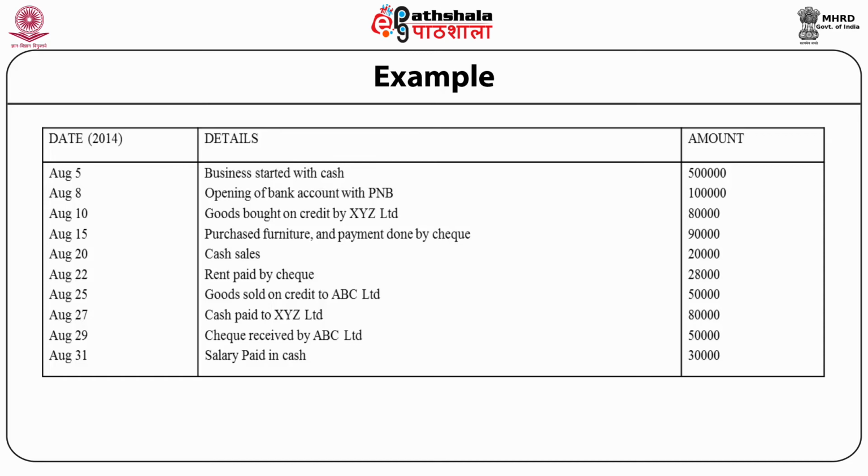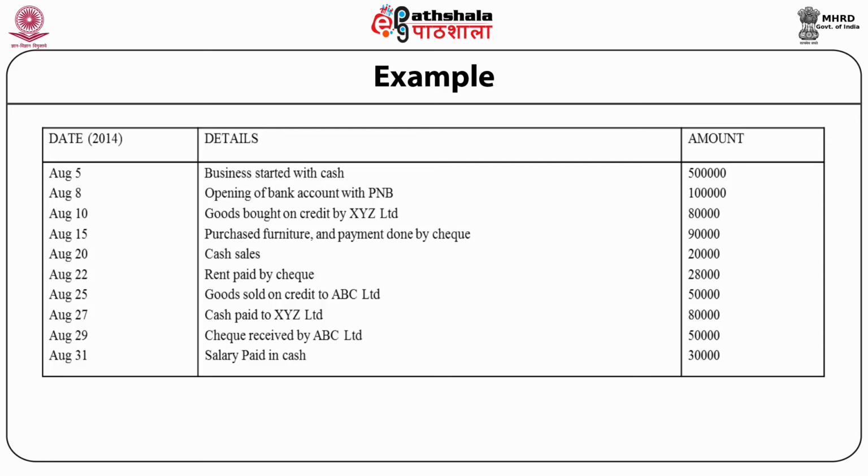August 10. Purchases account debit, rupees 80,000 to XYZ Limited, rupees 80,000. Summary, goods bought on credit. August 15. Office furniture account debit, 90,000 to bank account, rupees 90,000. Summary, office furniture purchased.